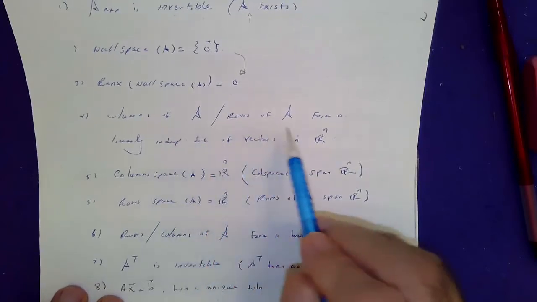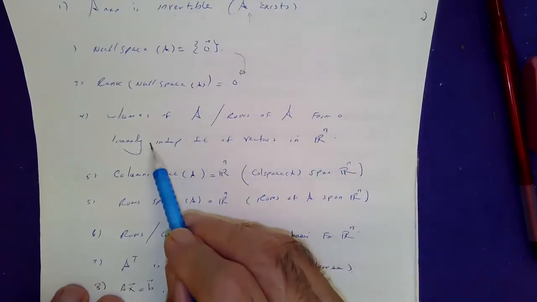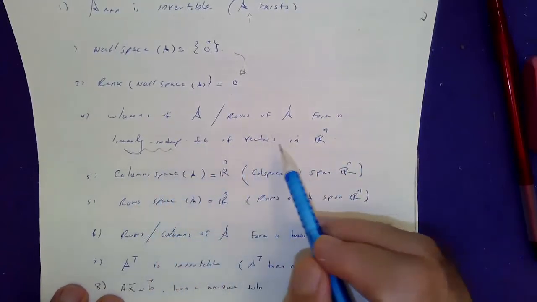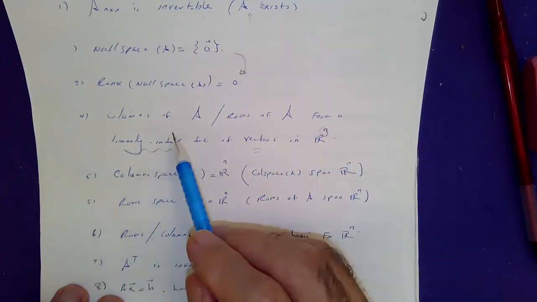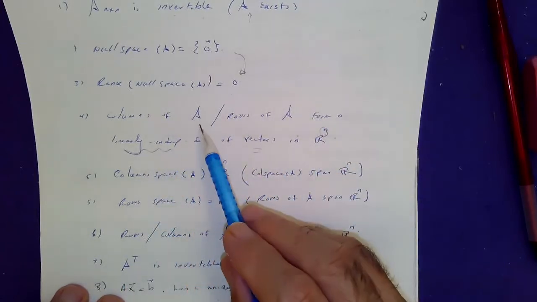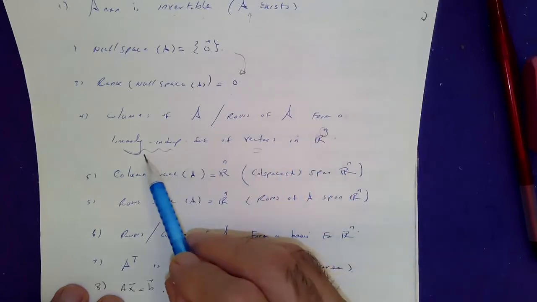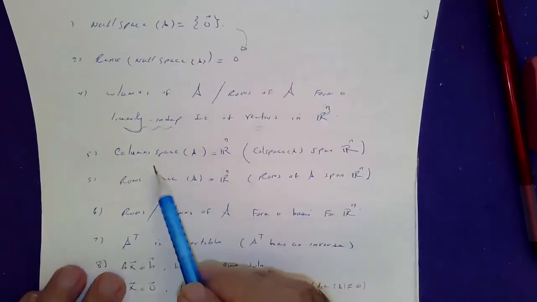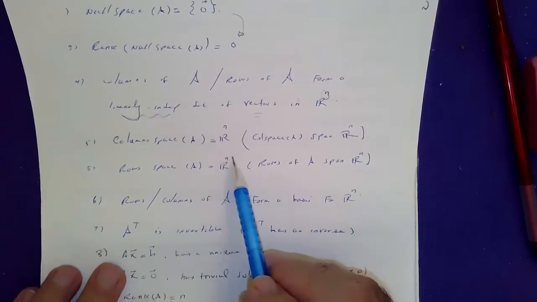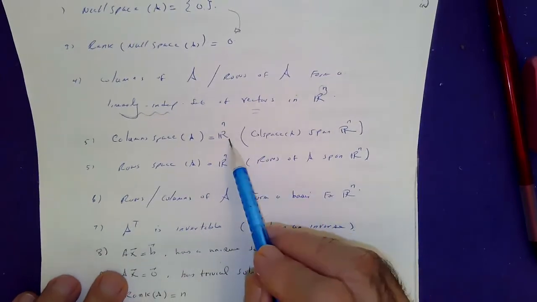Columns of A or rows of A form a linearly independent set of vectors in Rn. So if A inverse exists, columns of A or rows of A form a linearly independent set of vectors in Rn. The column space of A spans Rn.